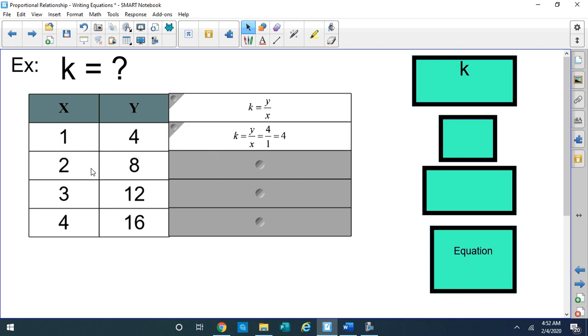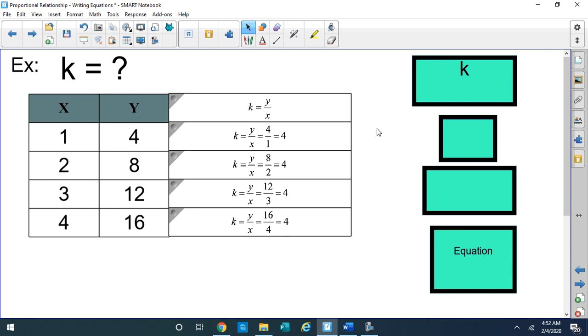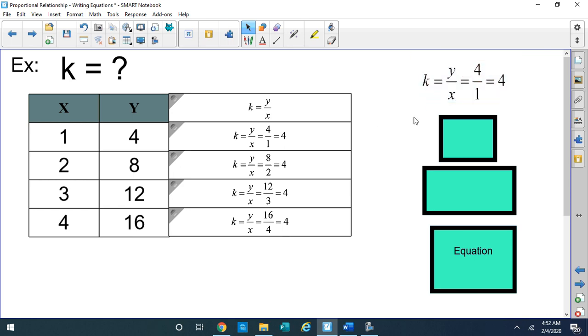We'll put 8 over 2, 8 divided by 2 is 4, and we'll take 12 divided by 3, that'll equal 4 as well, and 16 divided by 4 is equal to 4. So we found the constant of proportionality is equal to 4. So let's remove those letters, and we have 4 is equal to y over x. So 4 is the constant of proportionality.